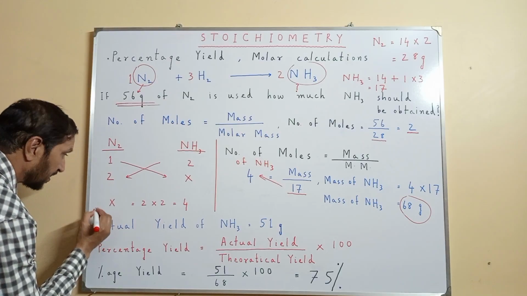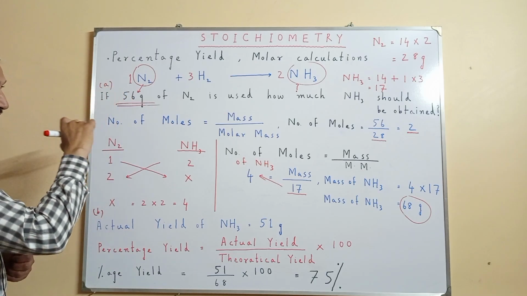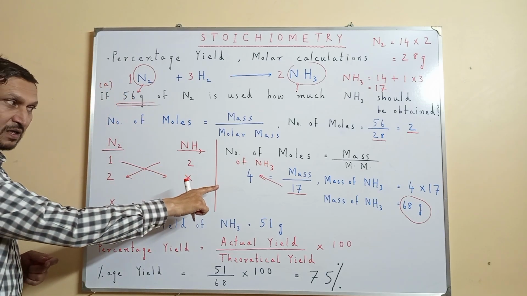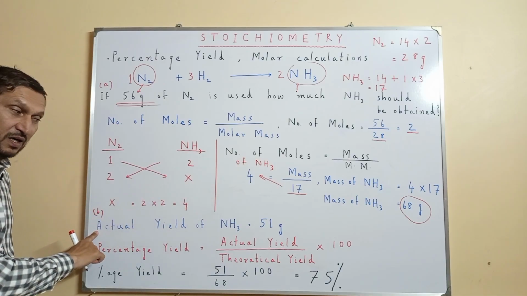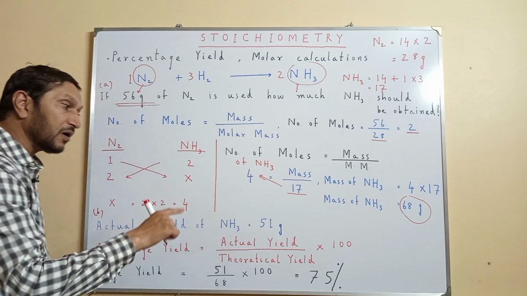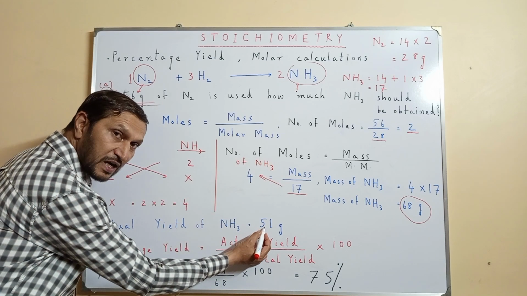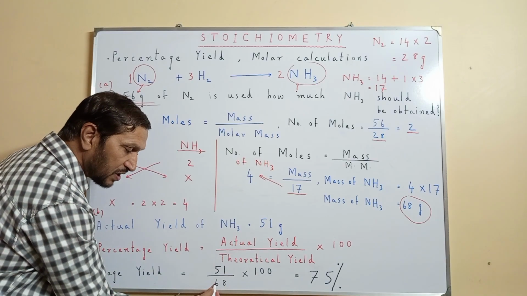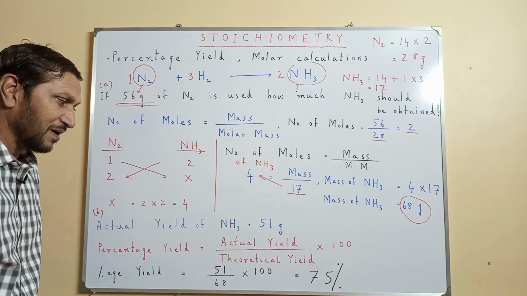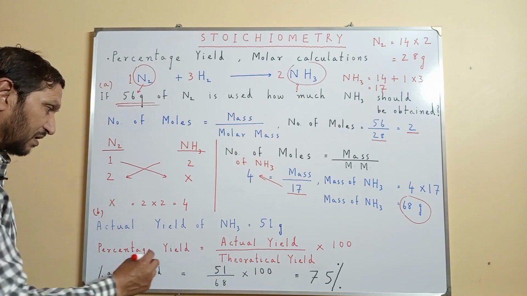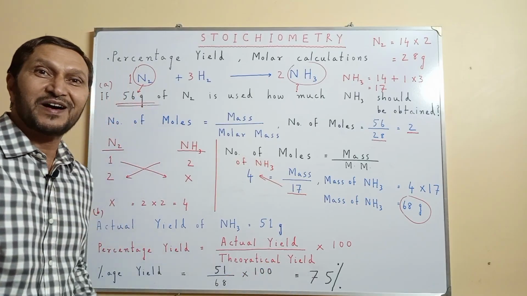If this is part A, where we calculated the amount of ammonia expected through molar calculation, part B is that the actual yield is given in the question, and now you are asked to find the percentage yield. So the actual yield is 51 grams, but our theory says that we should obtain 68 grams of ammonia. Multiply by 100. When you put in these values, you will find that the percentage yield is 75%.